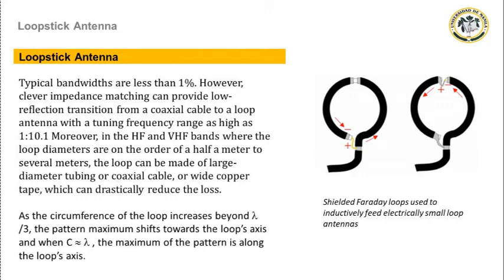Only one design, a halo antenna that is usually called a loop, does not fit into either large or small loop categories. As the circumference of the loop increases beyond lambda over 3, the pattern maximum shifts towards the loop's axis, and when C is almost equal to lambda, the maximum of the pattern is along the loop's axis.